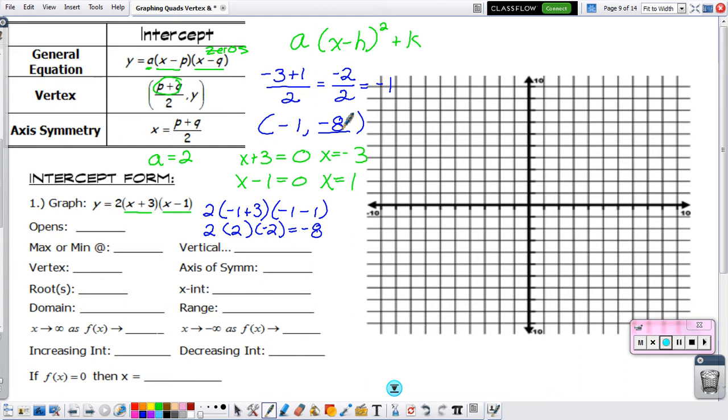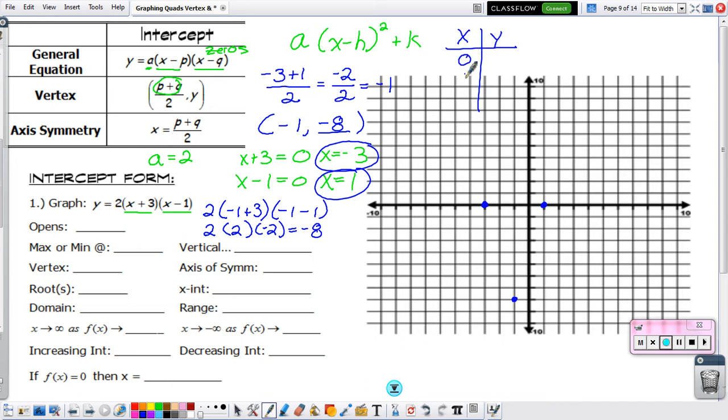So when you graph in intercept form, you still plot the vertex first. So we're at negative 1, down 1, 2, 3, 4, 5, 6, 7, 8. You do have two other points you can graph because they are solutions. So we are at 1, 0 and negative 3, 0. Now, I will refer back to the parent graph again because we have an a value of 2.